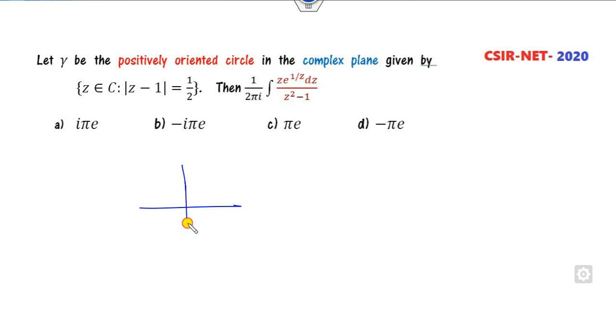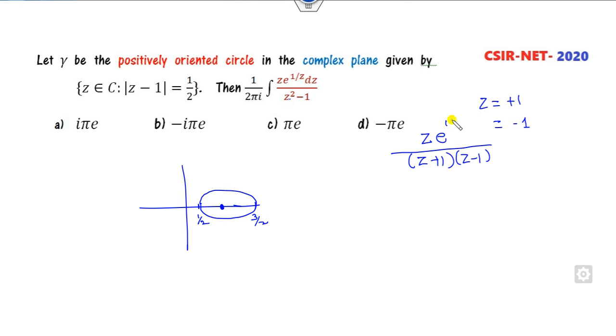Again you have to draw the circle, center is 1, radius is half, so it is from half to 3 by 2. This is my circle about here. Now you can take the denominator as 0, it is plus 1 and it is minus 1, so the denominator will be z plus 1 times z minus 1. Fine. Now at z is equal to 1, this is finite, at minus 1 it is also finite.